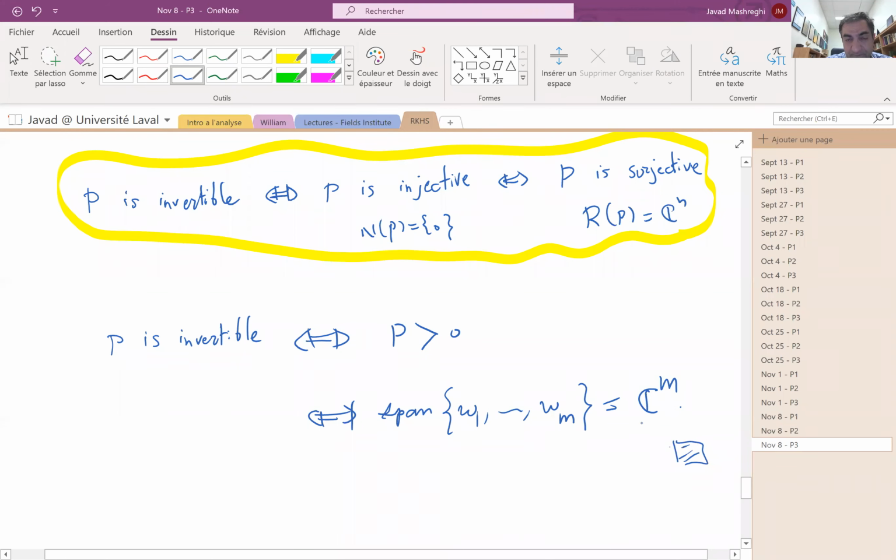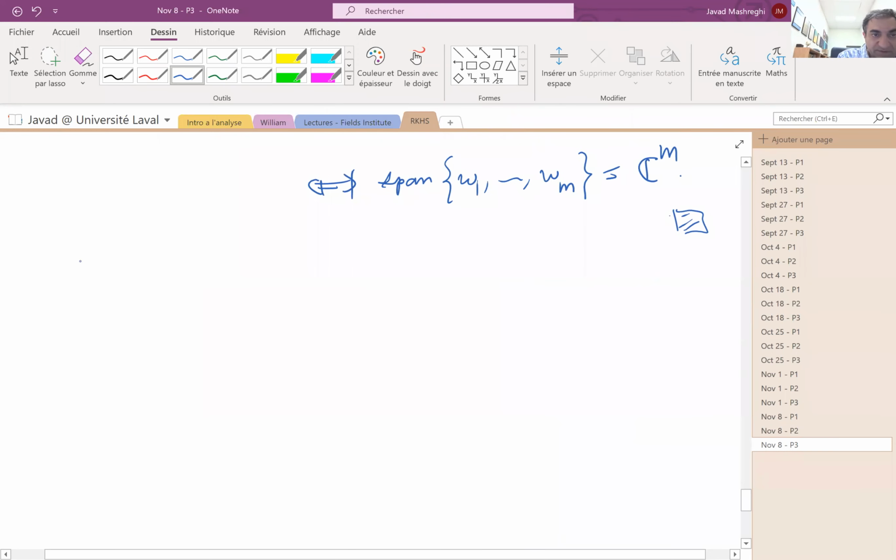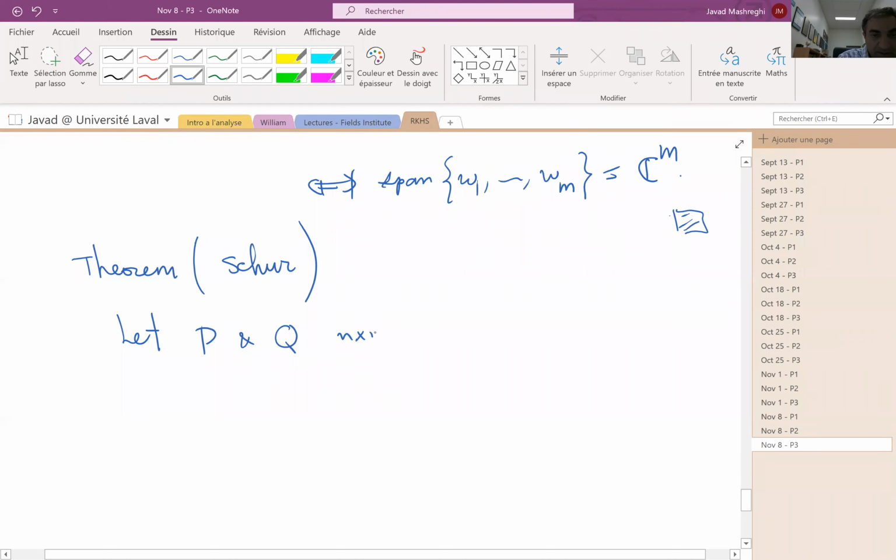That's a kind of nice theorem of Schur. And again, another immediate consequence of that is this one. So here is the theorem, on the Schur product. Let P and Q be n by n matrices.